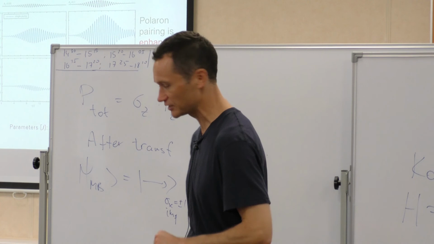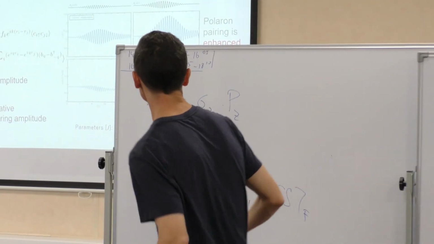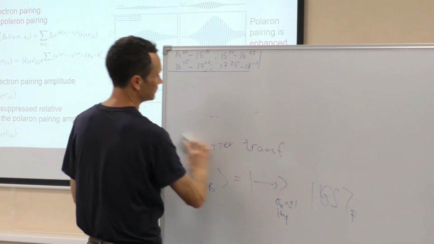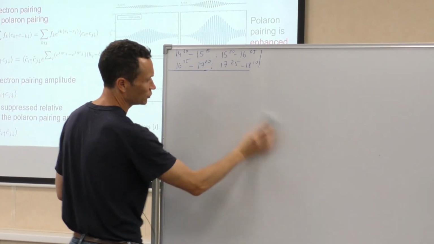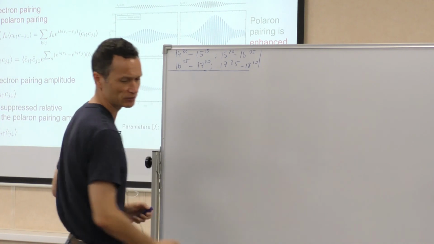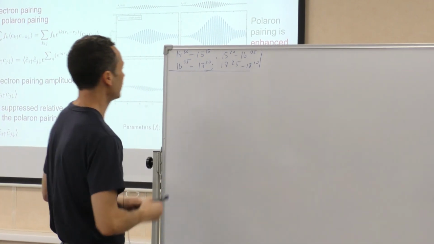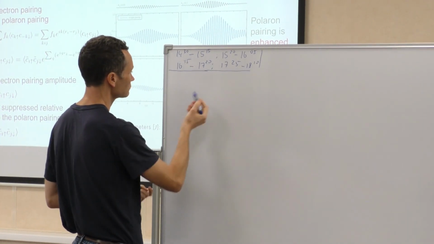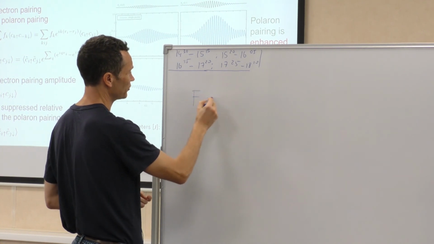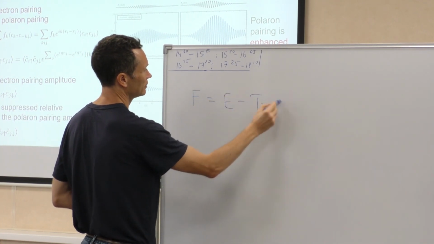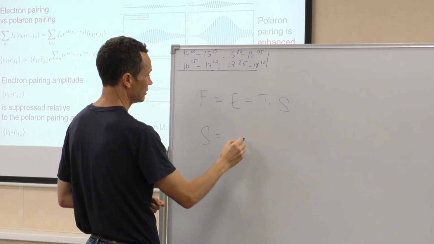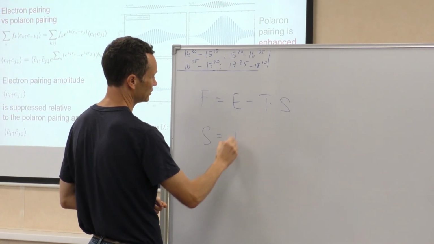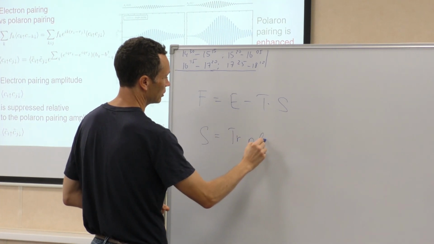But let me at least comment on the general structure. Roughly, there are several ways of doing this. Let me tell you about the simplest one. At finite temperature, you need to minimize the free energy, which is E minus T times S, right? Entropy. And S is basically trace of rho log rho.